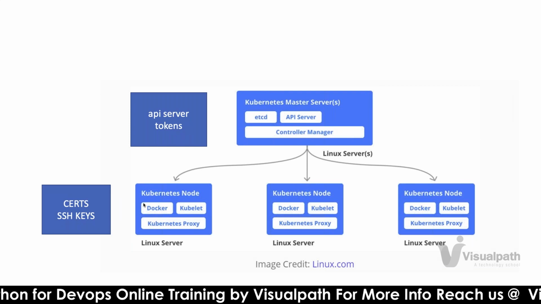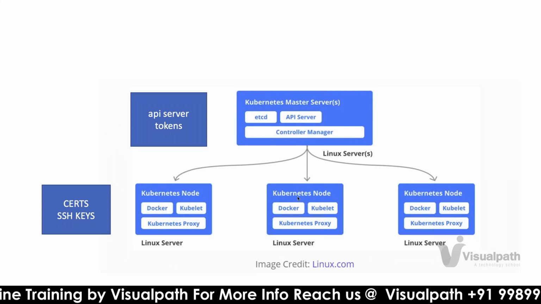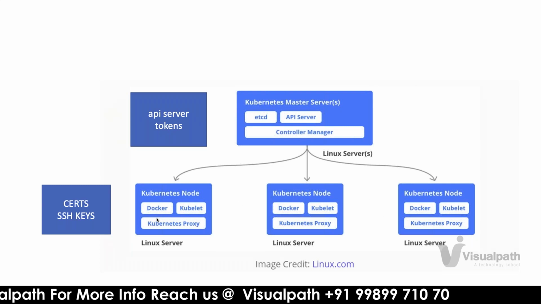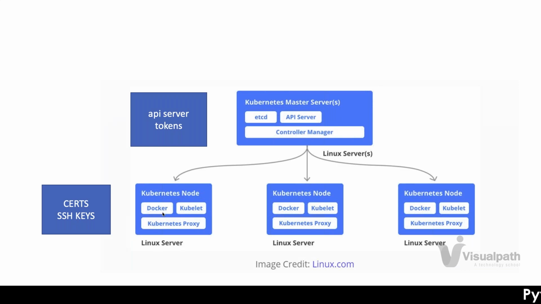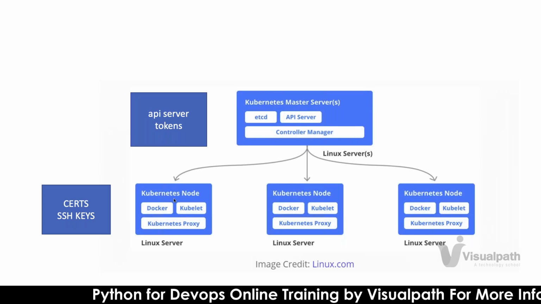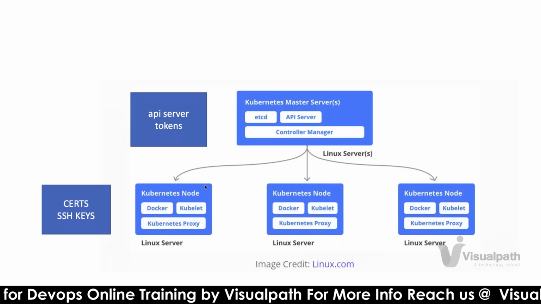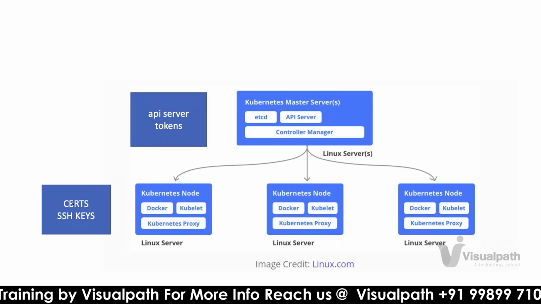If you go to a node level of Kubernetes, I'm not going to explain the terminology in depth, but I'm going to explain what certs and SSH keys are. Whatever the Kubernetes node is, let's say this node has an SLA of some certain time period. That time period is enforced using certs, right?